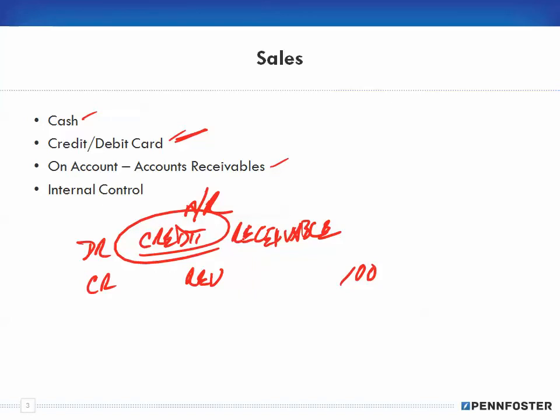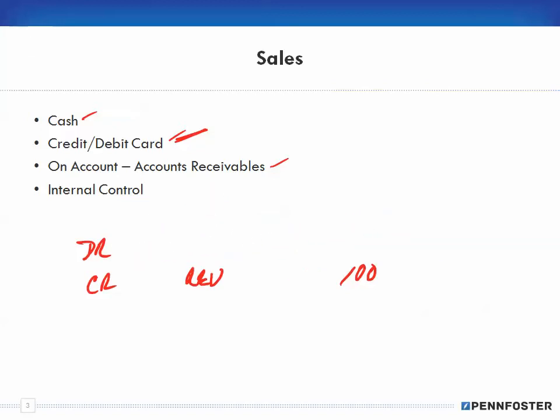Realize that when you're dealing with credit cards, it becomes a lot more complicated, in that they're going to purchase with a credit card, and the reality is that you don't get the money immediately.